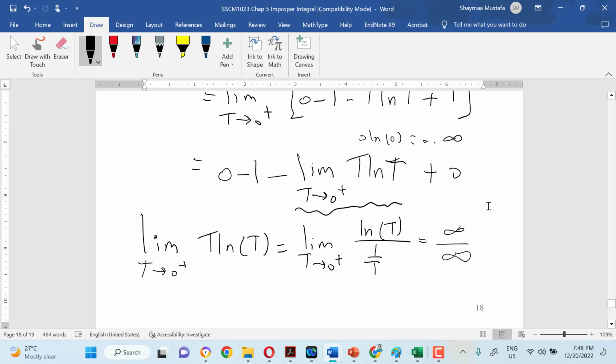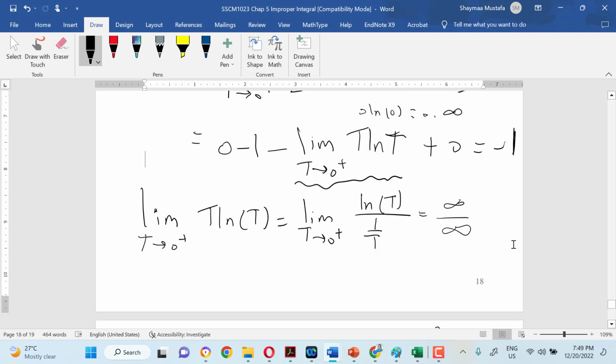So here, this function will be equal to minus 1. Why? Because this limit is 0, this limit is 0, this limit is 0. So all are 0, and only minus 1 remains. So it converges.